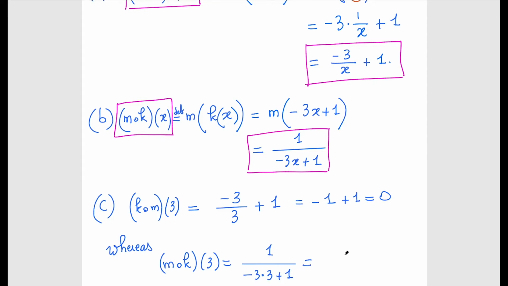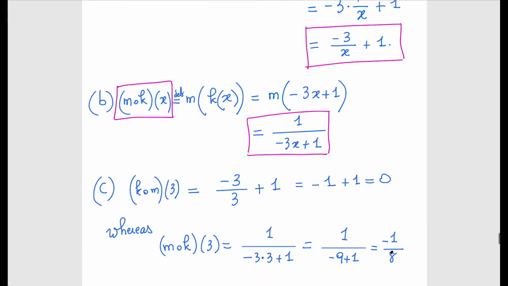And what is this? This is 1 divided by negative 9 plus 1, and negative 9 plus 1 is negative 8. So you get minus 1 over 8. It doesn't matter what the answer is, but for sure, this is not 0. That's different than 0. They're different.